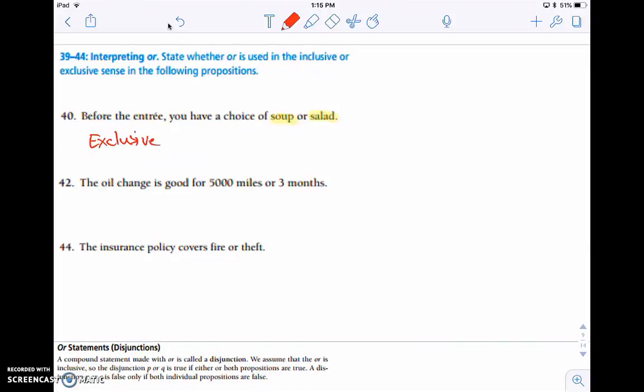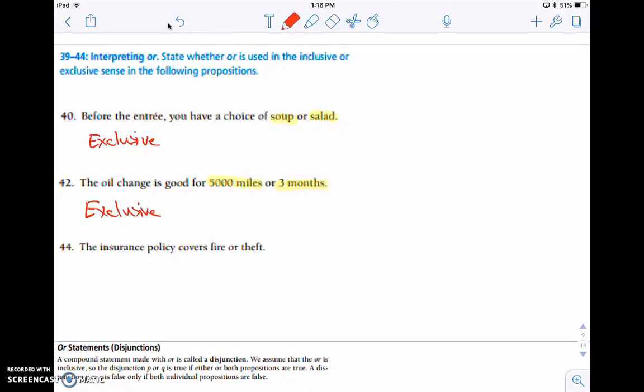Our next one: oil change is good for 5,000 miles or 3 months. This one is also exclusive. One of the reasons is that in very rare instances does that occur.